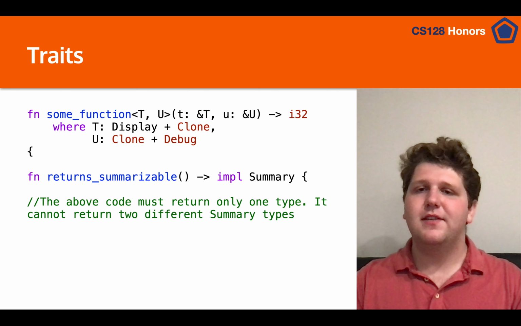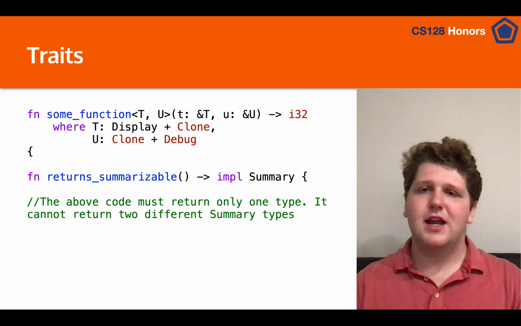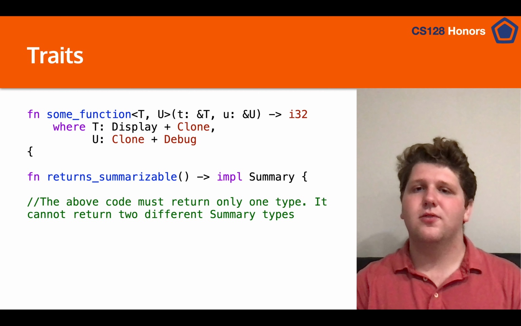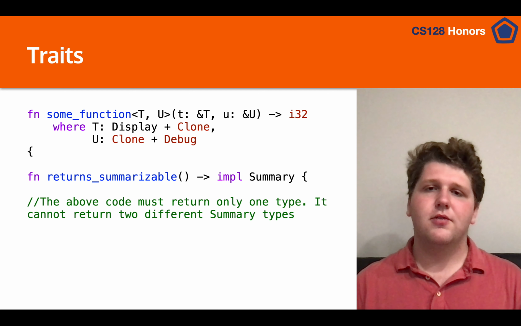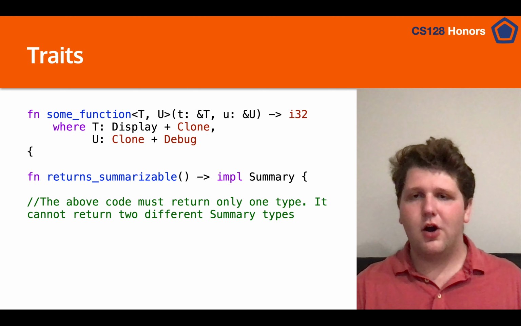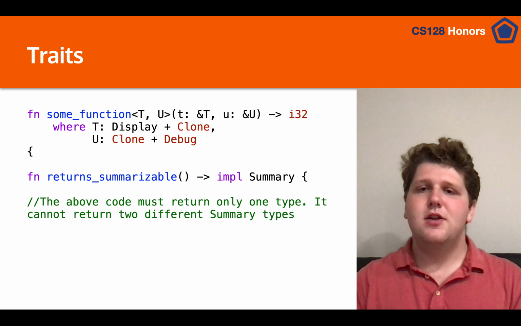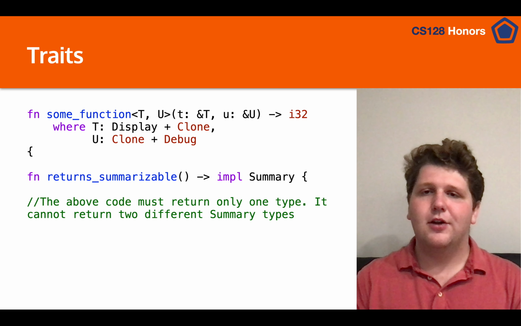So you can't, let's say, have a news article and a tweet and then have those both be returned from returns_summarizable. You can either return all news articles or all tweets, right? You can't do both. And that is really important, because if you're not careful, you might mess that up and then you'll get yelled at by the Rust compiler.